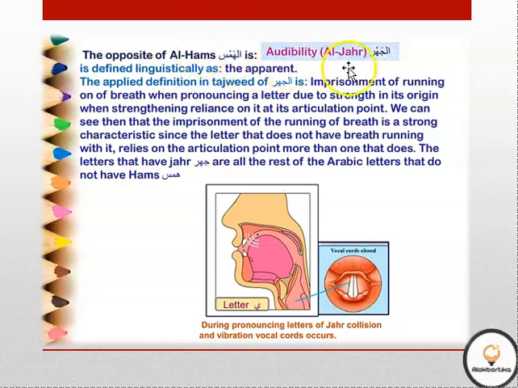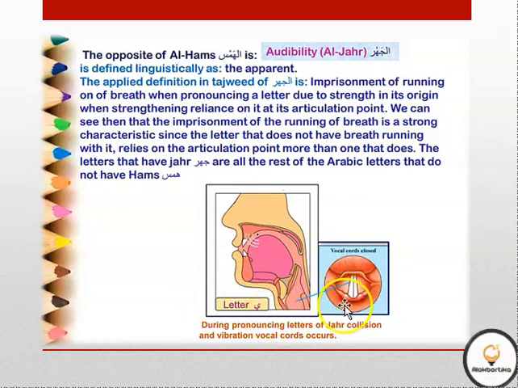Hams is the weak characteristic and jahr is the strong one. Since the letter does not have breath running with it, it relies on the articulation point more than one that does. The letters that have jahr are all the rest of the Arabic letters that do not have hams. That means except the 10 letters, the other 19 letters are in jahr.